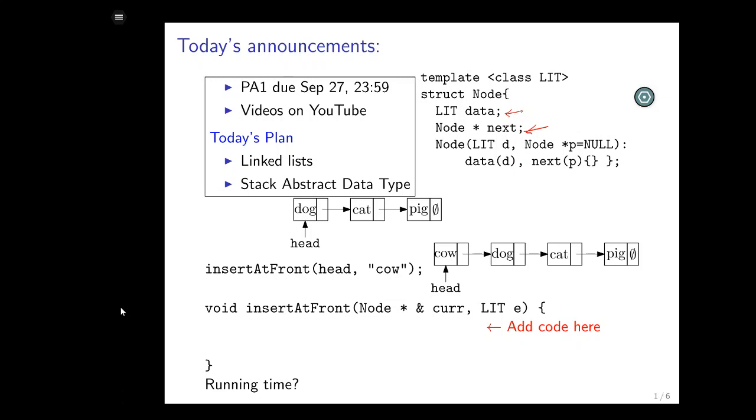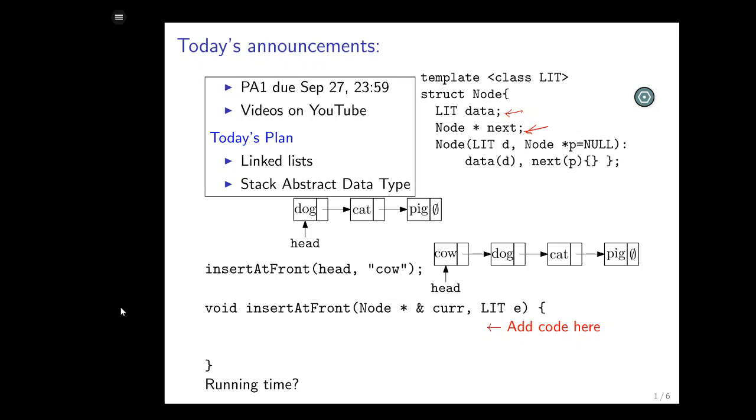So that's the linking that's happening in this linked list. The next field takes you to the next node in the list. And then the final thing there is a constructor, which, given some data and given a pointer, creates a new node that has that data as its data field and that pointer as its next field.